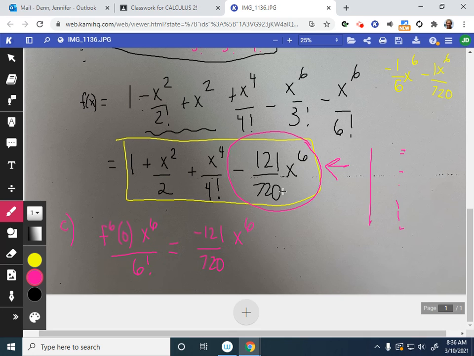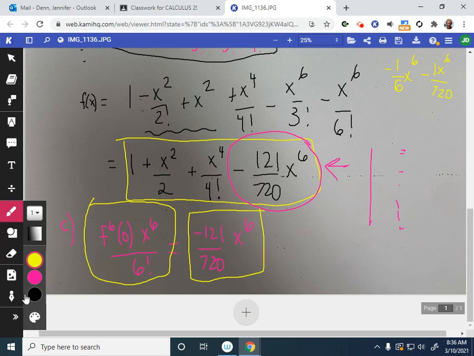So this is a Taylor series, even though it was also made in a different way. So therefore, I can think about this coefficient of the x to the 6th term as being formed as if it were Taylor series. So if I were doing this as a Taylor series, I would have said the 6th derivative of f times x to the 6 over 6 factorial is the same as this 6th degree term.